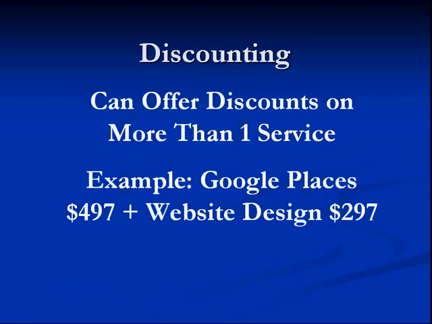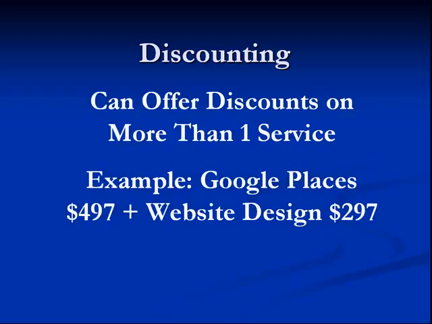The last thing I want to talk about is discounting. Like we've already talked about, you need to sell each individual service for a minimum of $497. But you can offer discounts on more than one service. For example, someone wants to take you up on the Google Places for $497, but they don't have a website at this point.